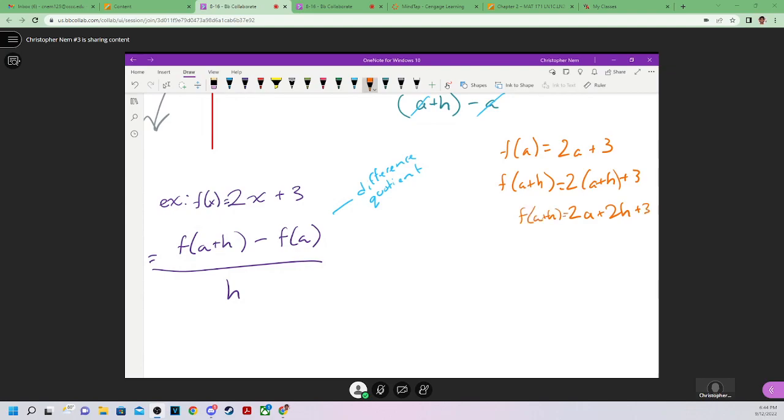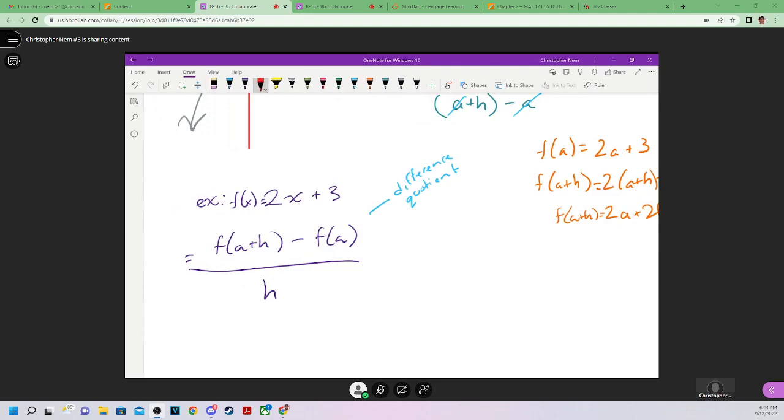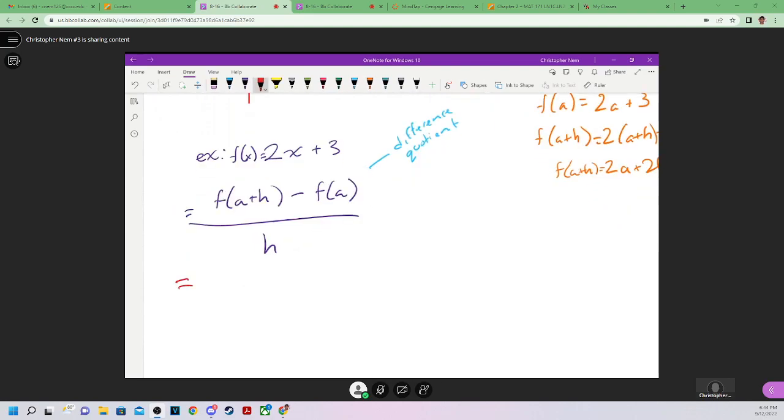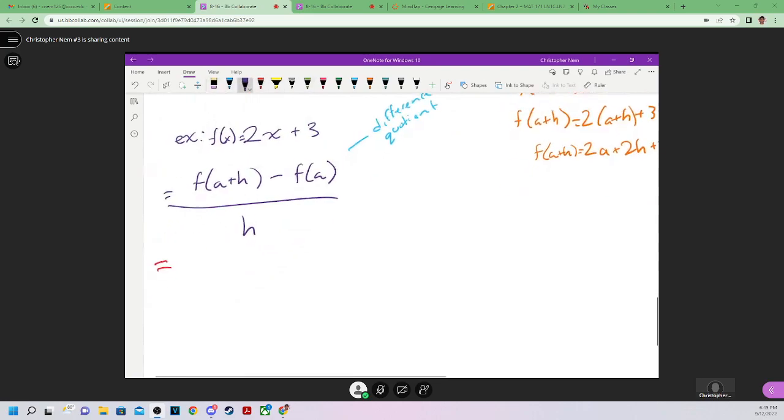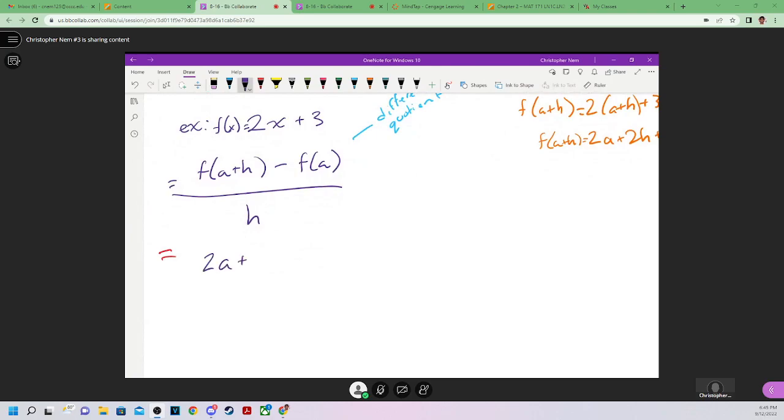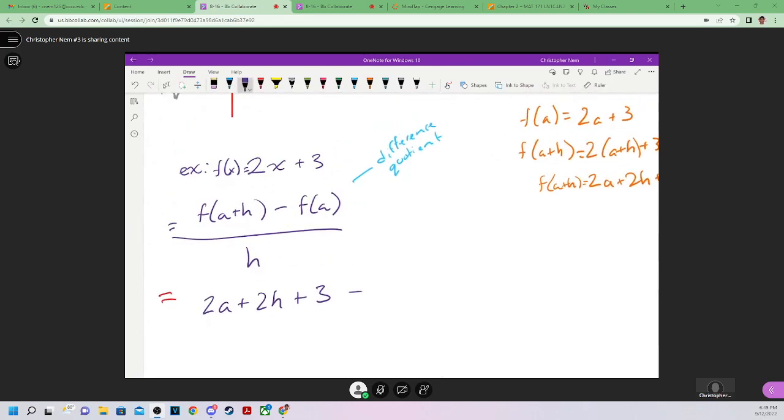So if I calculate all of this, I'm just going to be replacing values now. 2a plus 2h plus 3 minus (2a plus 3). Put parentheses. Don't make that mistake. All over h.